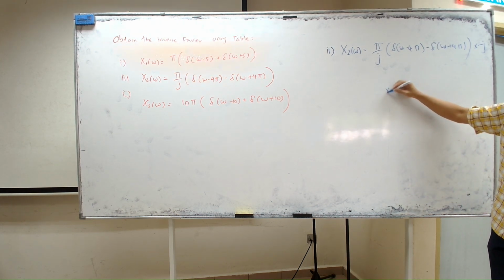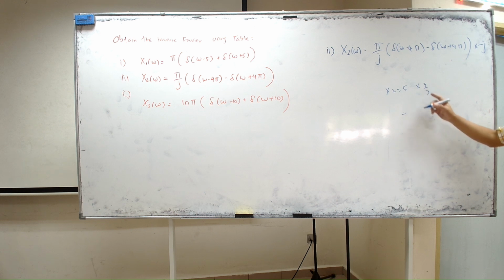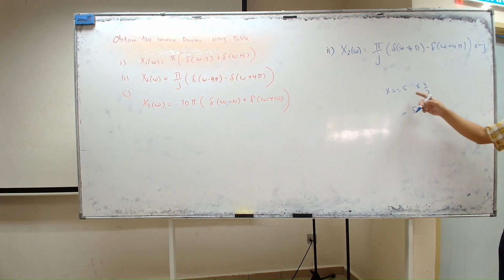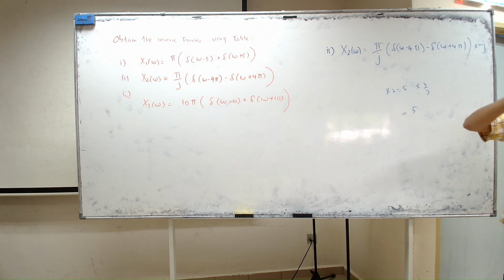If I say that x2 equal to 5, if I multiply 3 over 3, then you can get x2 equal to what? 5 again, because 3 over 3 equal to 1. So although you multiply with 3 over 3, 1000 over 1000, x2 always equal to 5. So the question meaning will be the same.